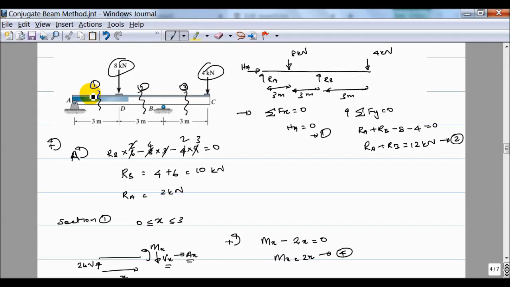Then consider the point B where it's a roller in the real beam, which means at that point there can be some slope, but there cannot be any deflection. In the conjugate beam, you can have shear force, but you cannot have bending moment.